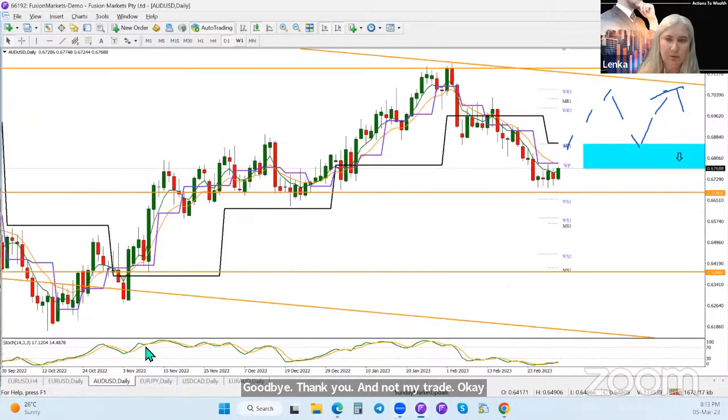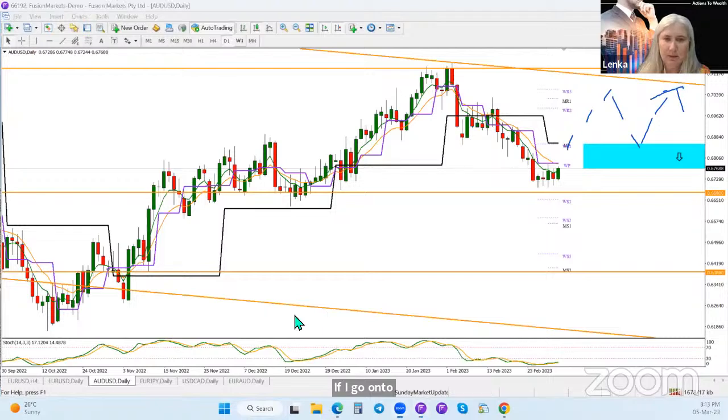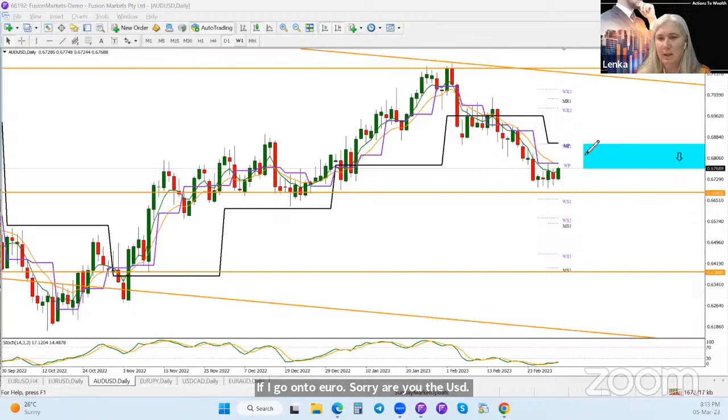If I go on to AUD USD, let me just delete that. So here, the same. I'm looking for the setup. If I get the setup that I want, then I'm going to be trading it short.